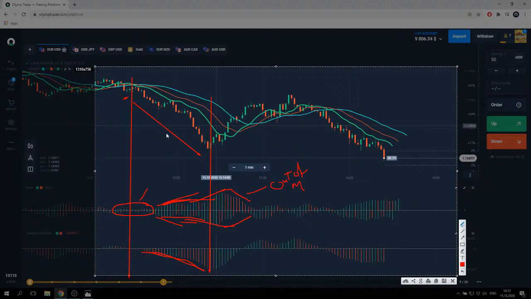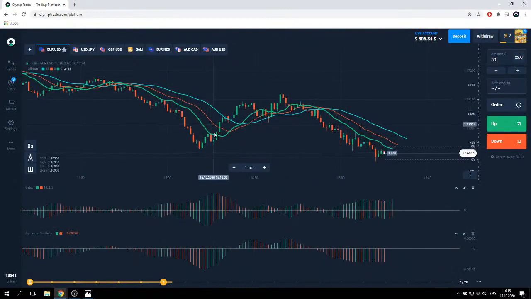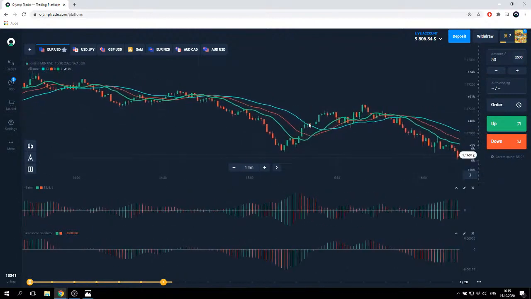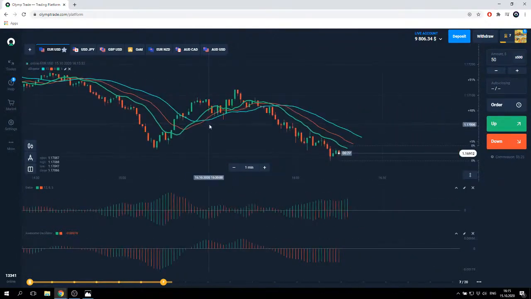That's how generally we look at this strategy. I hope it's making complete sense for our traders. We try to look at how this strategy works.